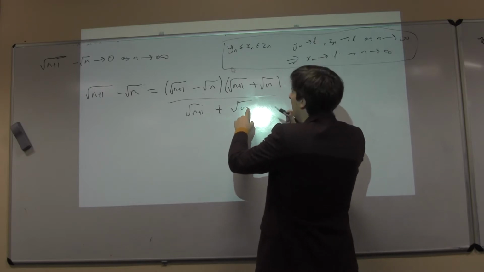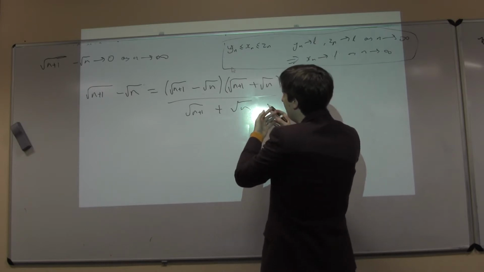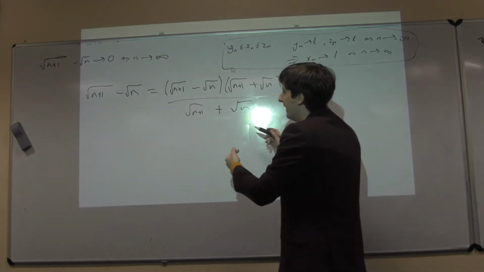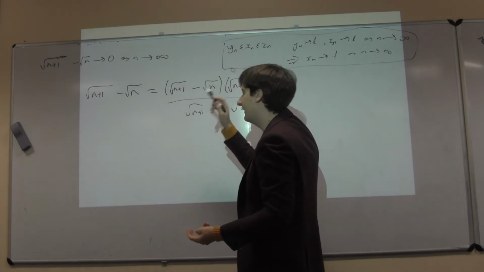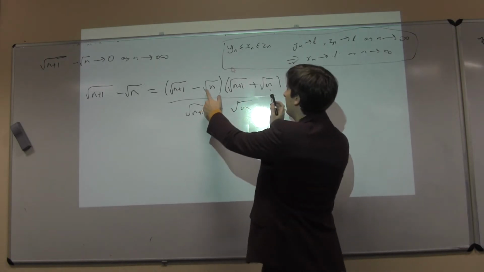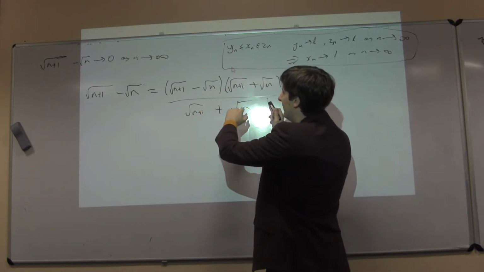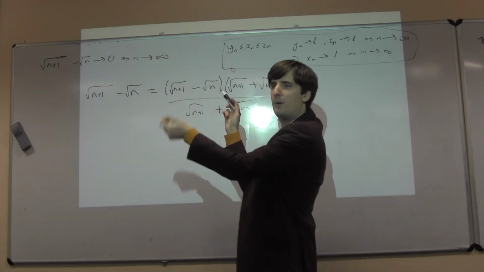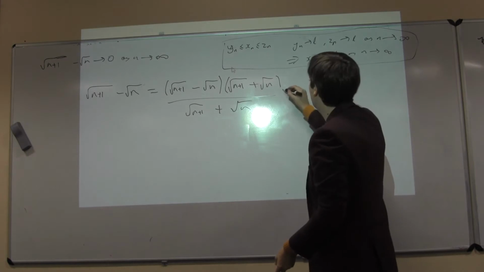Yeah, I suppose I can see why this is going to work, because when you multiply it out, you're now going to get a negative n term, whereas before you were getting a positive n term, which was causing us problems.